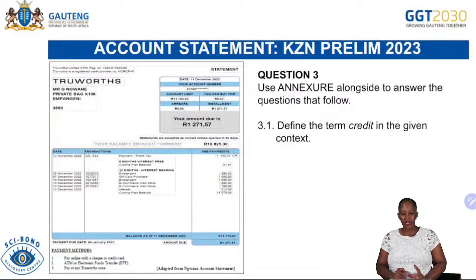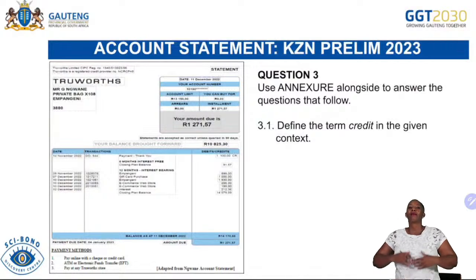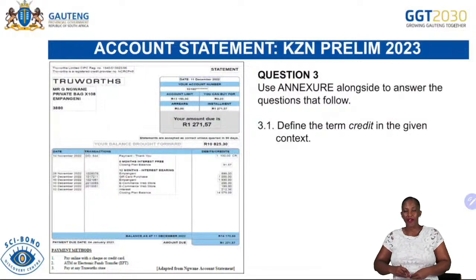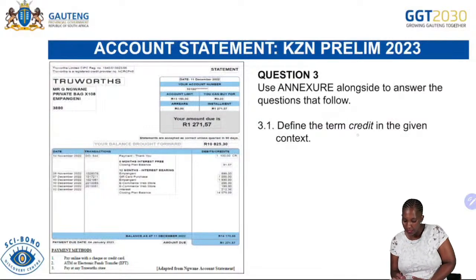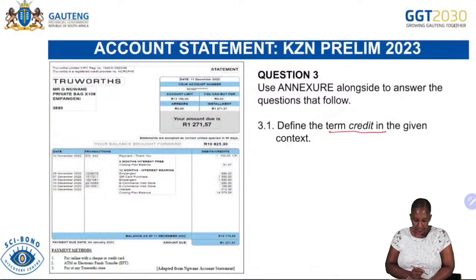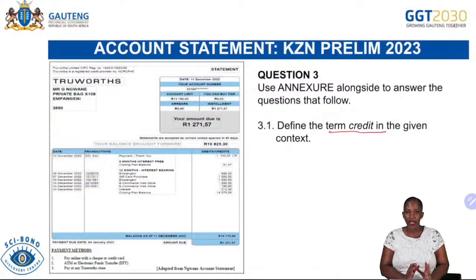It means Truworths as a store, they are borrowing us money to buy the clothes, and then we repay them on a monthly basis. So they're giving us the buying power. The usual word that we use, you say, Ma'am, they said our buying power is this much. Now here, the question says, define the term credit in the context, based on the statement given.